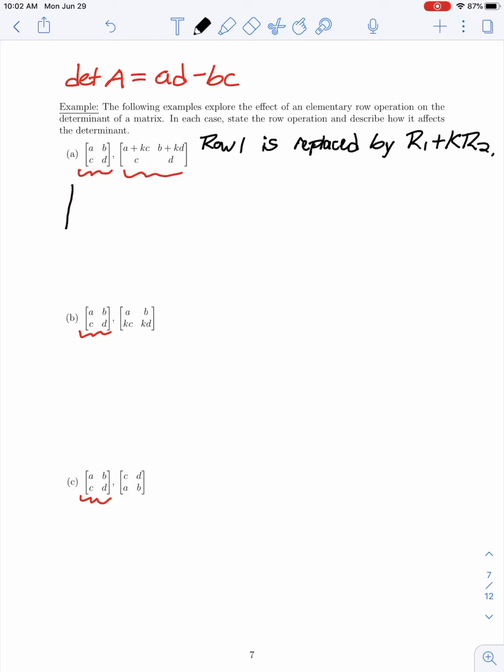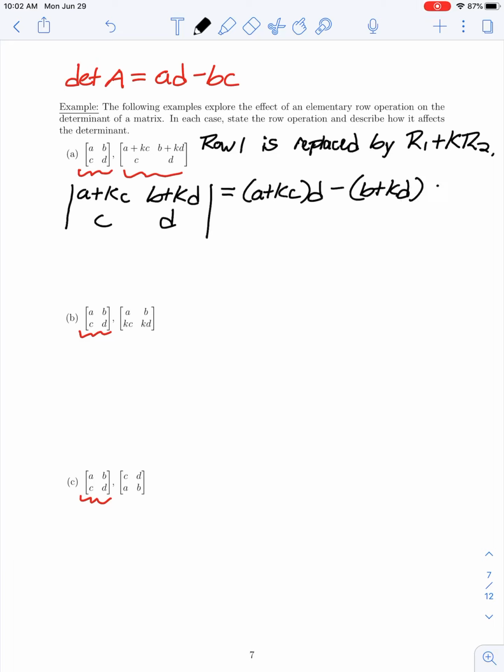So looking at the determinant of that matrix, A plus KC, B plus KD, and C, D for our second row, we have, for the product of our diagonals, A plus KC times D minus the product of the off diagonals, which would be B plus KD times C. So expanding, we have AD plus K times CD minus CB minus K times DC or CD.